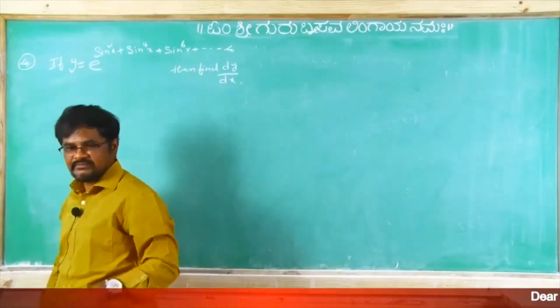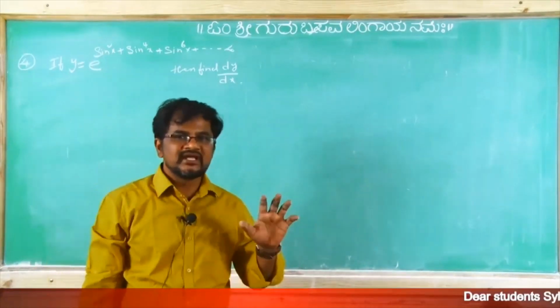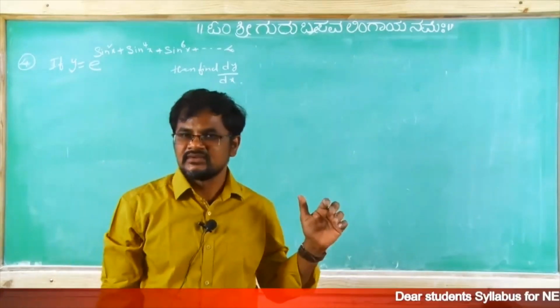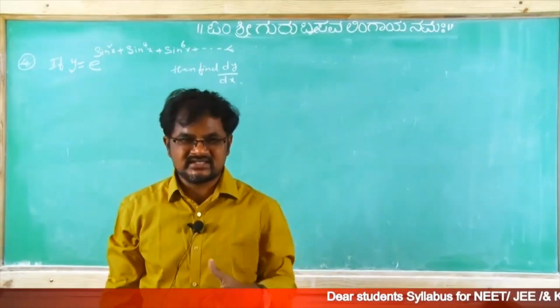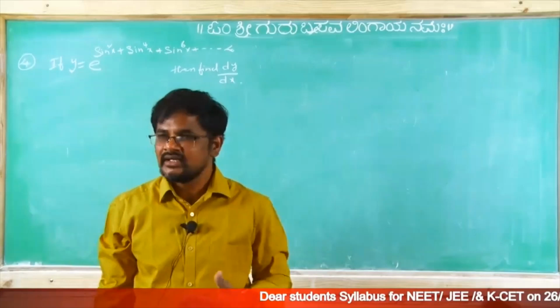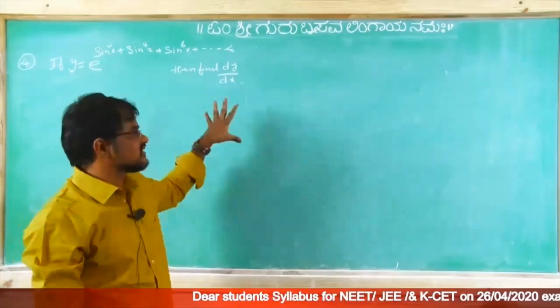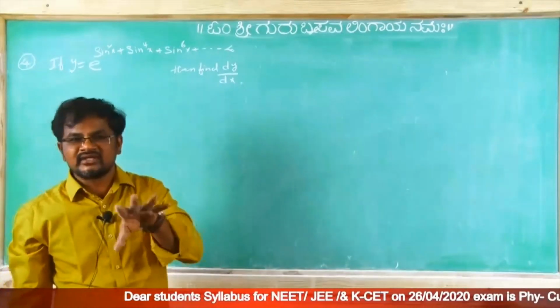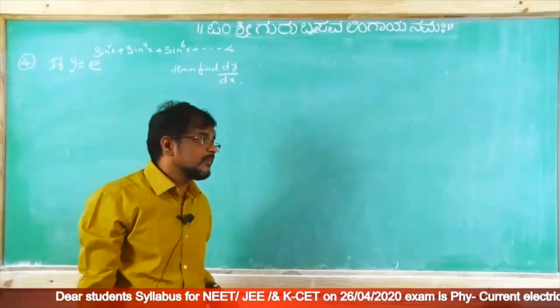Once again I am saying this chain rule plays a major role in this chapter. So more problems we have to discuss in this one. Then only we have to go to the next chapter. If you are not perfect in this chapter, definitely it will affect total calculus also. Okay?